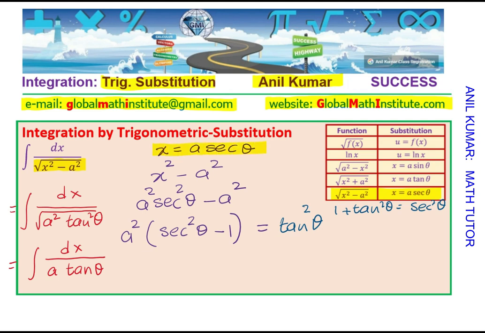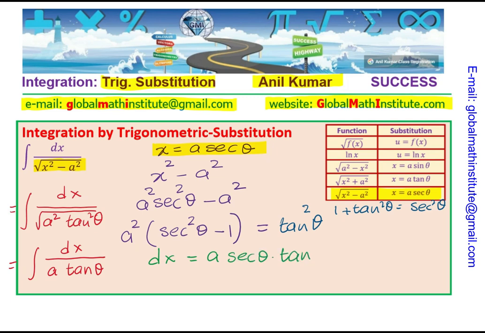X is equal to a secant theta. Now, if I take the derivative, then what do we get? We get dx equals a times the derivative of secant theta, which is secant theta tan theta d theta, correct? So taking derivative of the substitution, this is what we get.